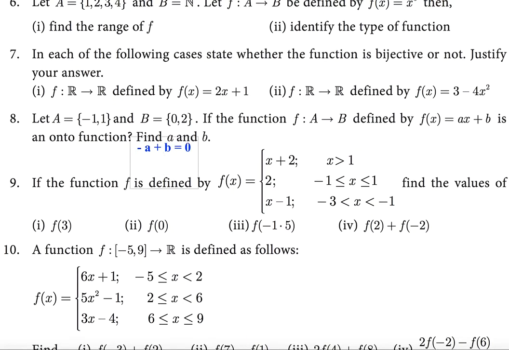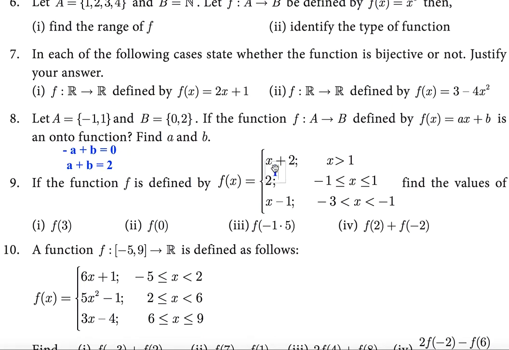Then substitute 1. A plus b equal to 2. Now find a and b. Add them up. 2b equal to 2. b equal to 1.